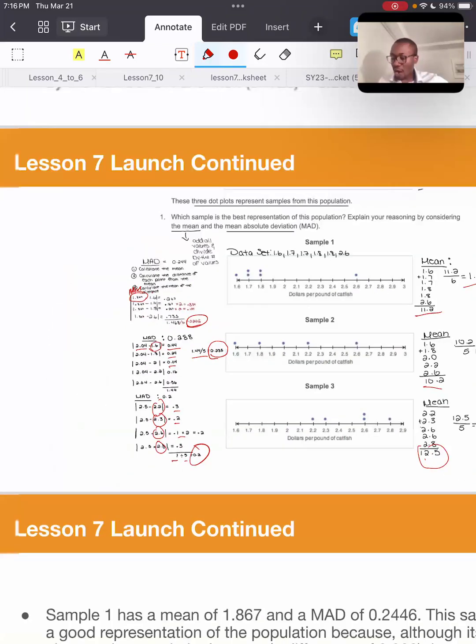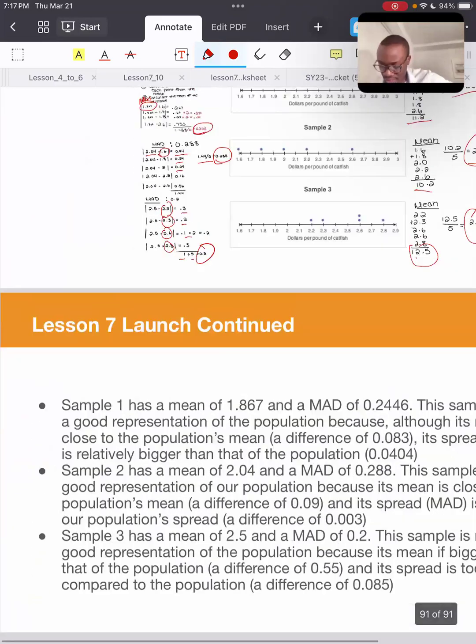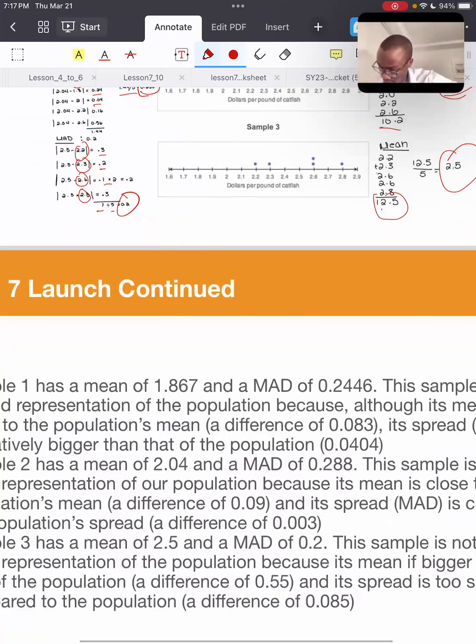Now, which sample is more likely to be a representative sample of our population? Let's look at what I had here. Sample 1 has a mean of 1.867 and a mean absolute deviation of 0.446.